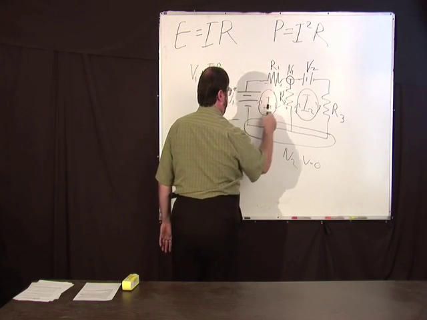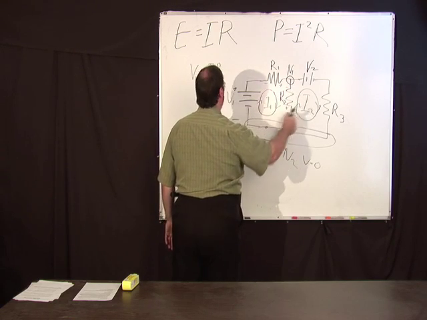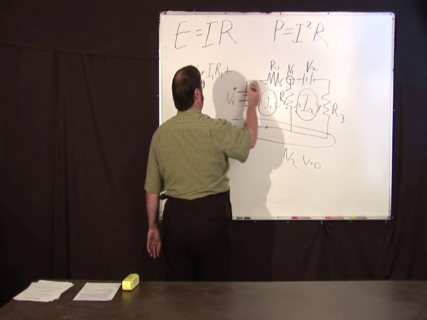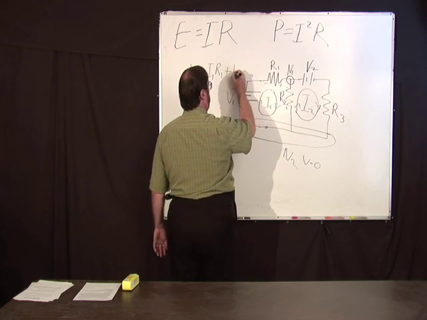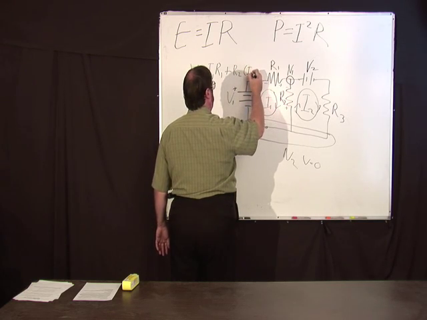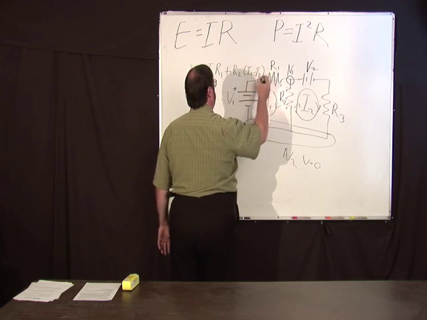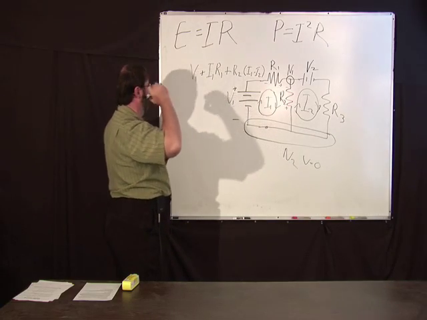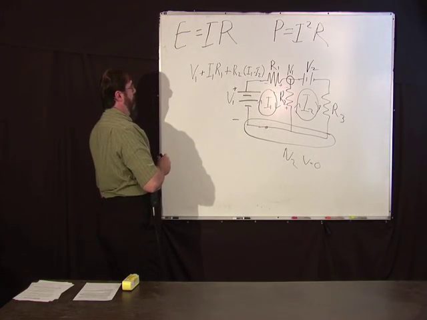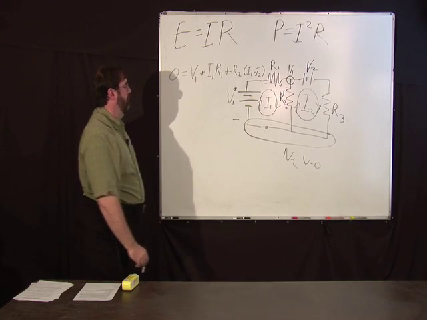This one's negative compared to this one. So you got to look, this is I1 minus I2. So the voltage drop here is R2 times (I1 minus I2), which according to Kirchhoff's voltage law is 0.